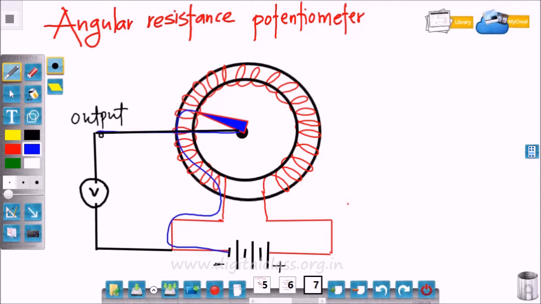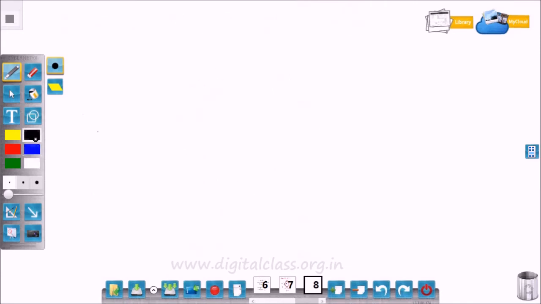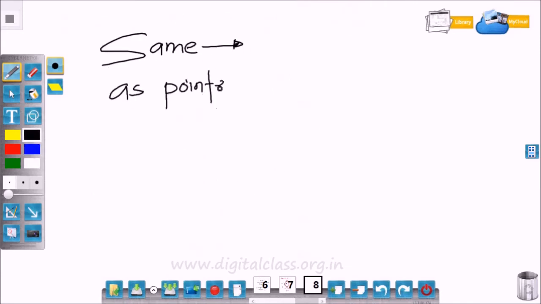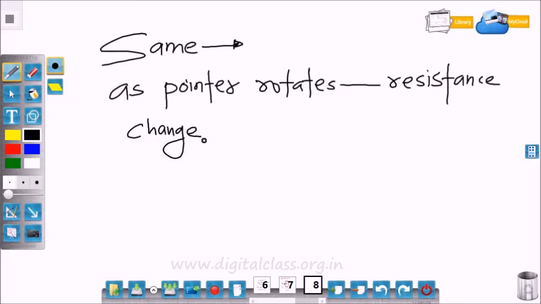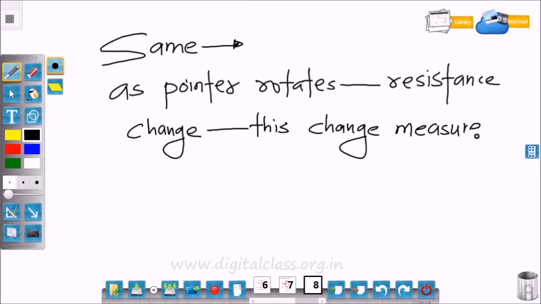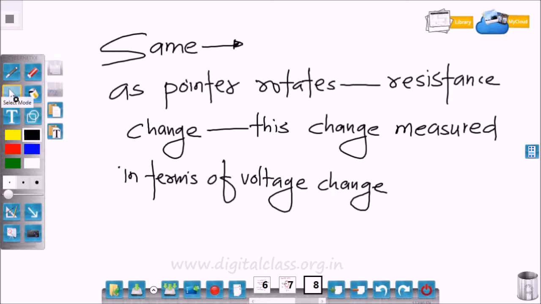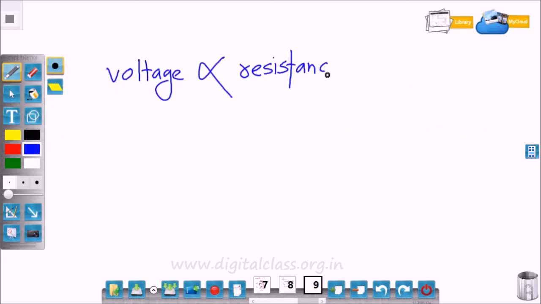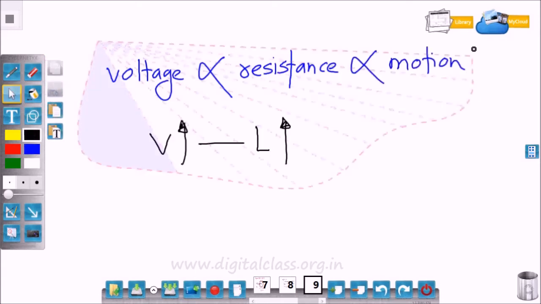So this is the direction of current flow through the pointer. Now, as the pointer rotates, resistance changes, and this change is measured in terms of the voltage. So here voltage is directly proportional to resistance, which is directly proportional to the motion. As length increases, voltage also increases.